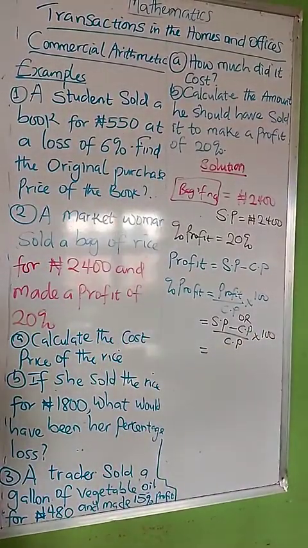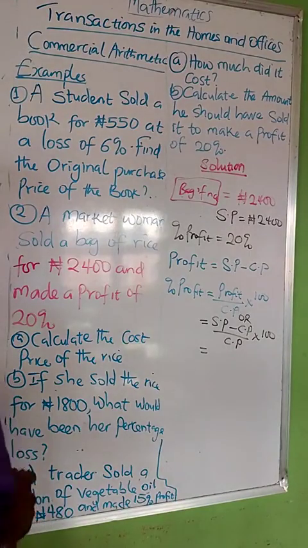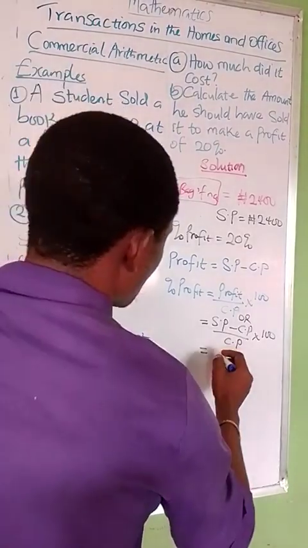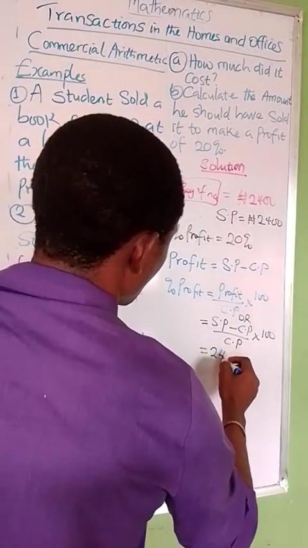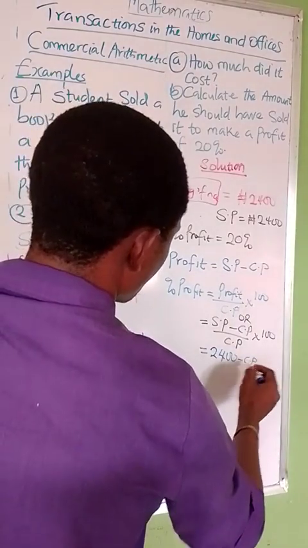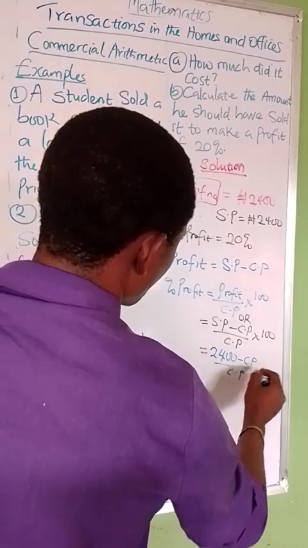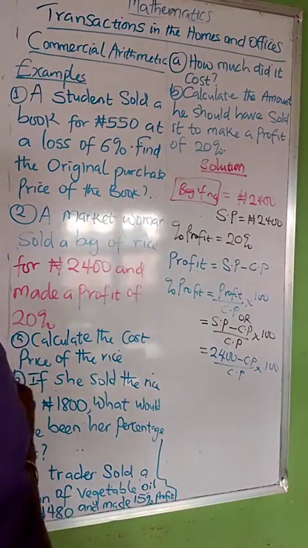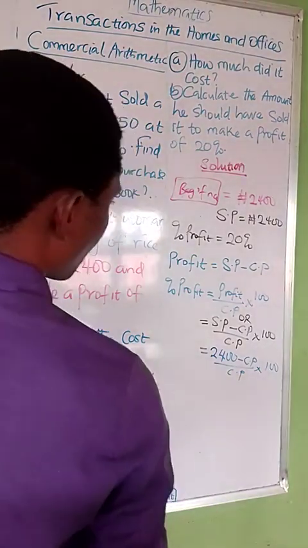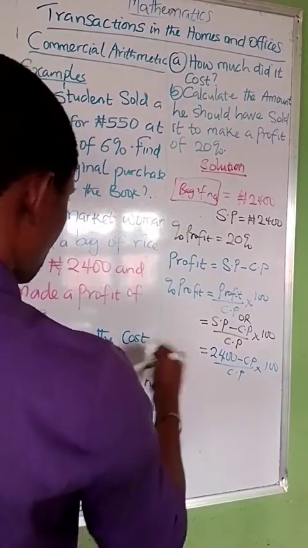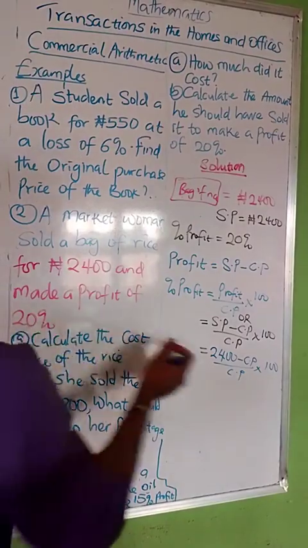So what is the selling price? Selling price is 2,400. Minus cost price over cost price times 100. That's the percentage profit, which we are given as 20.